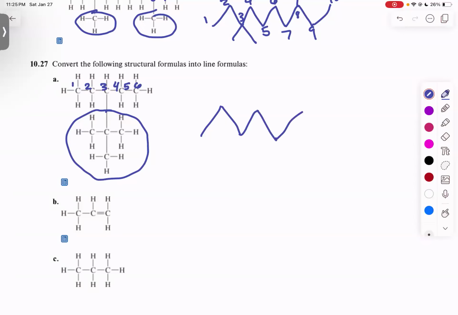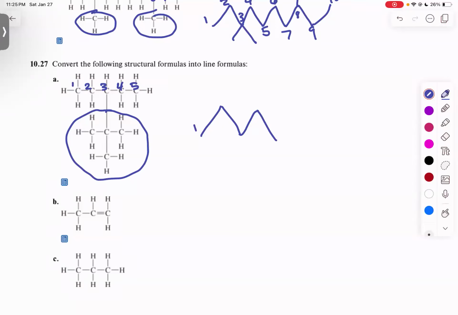And what you'll see is when you do this, sometimes it really is easier to turn it into a line diagram than name it. Sometimes it's just easier that way. And I think I gave 1 too many numbers here. 1, 2, 3, 4, 5. Yeah, okay. There we go.